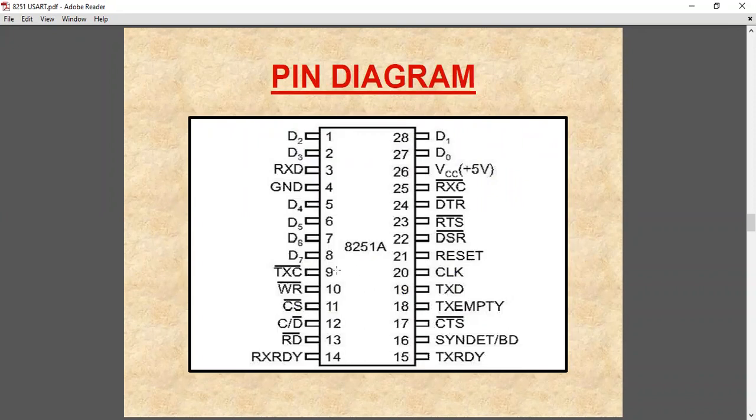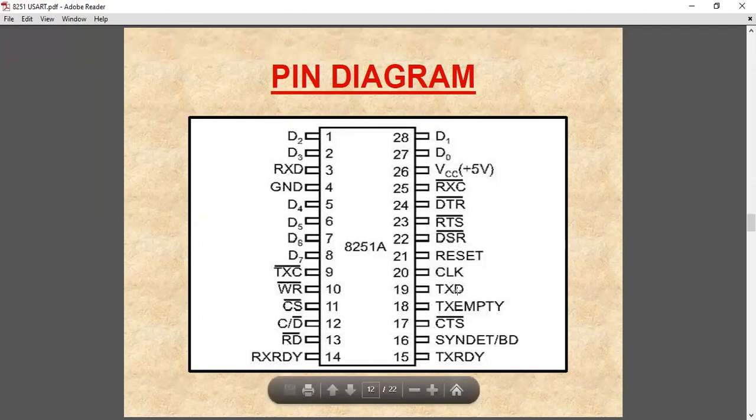This 8251 takes the byte from the 8086, converts the parallel data into serial form and sends it out. In another operation, the 8251 takes the serial data with the help of RXD and converts it into parallel form, and the converted parallel data is sent to the 8086 with the help of D0 to D7. So only two operations: parallel to serial, and serial to parallel.